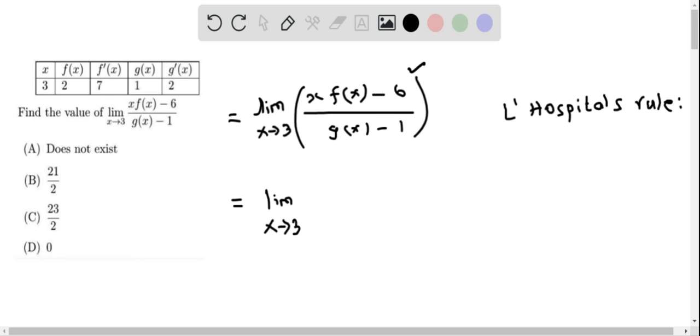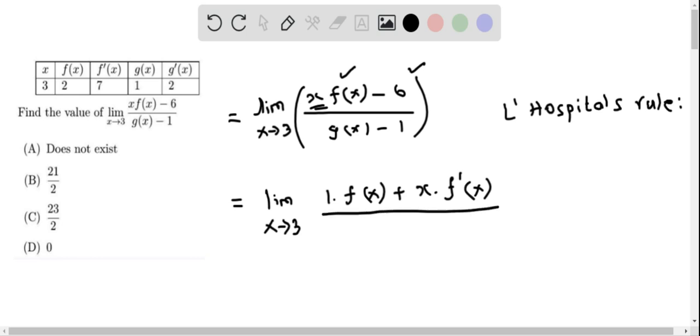We will use the product rule to find the derivative of x times f(x). The derivative of x is 1 multiplied with f(x), plus we keep the x as it is and multiply with the derivative of f(x), which is f prime of x. And we then have a negative 6, which is a constant. So the derivative of the constant is 0, and we can just ignore that.